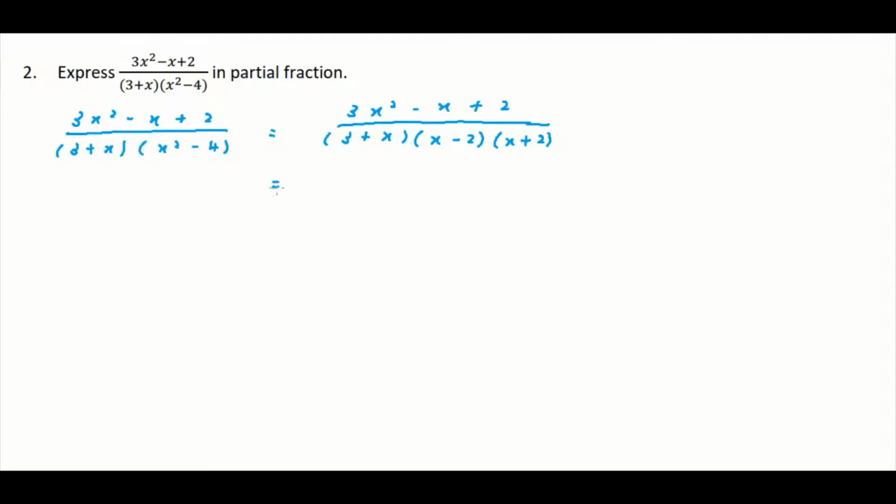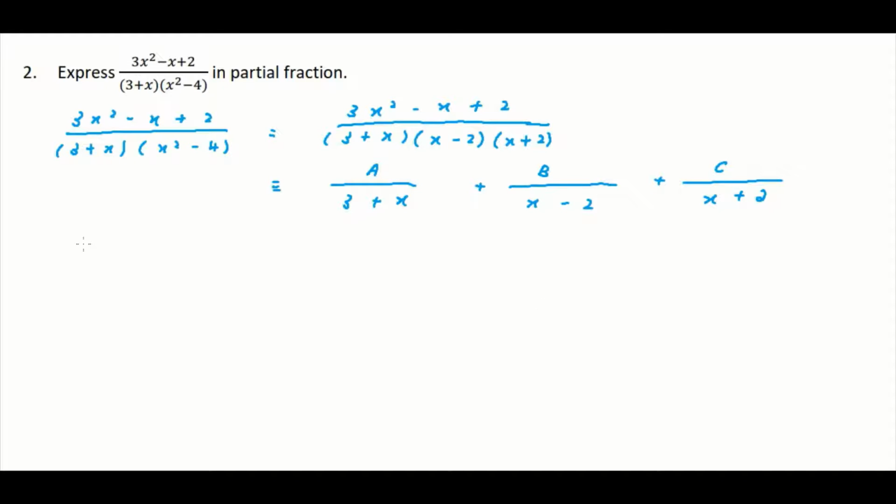So when you decompose it, you will have 3 fractions: a, b, and c. Each fraction has one of the linear factors: 3 plus x, x minus 2, and x minus 1. It will always be in this form if your factor is a linear factor.